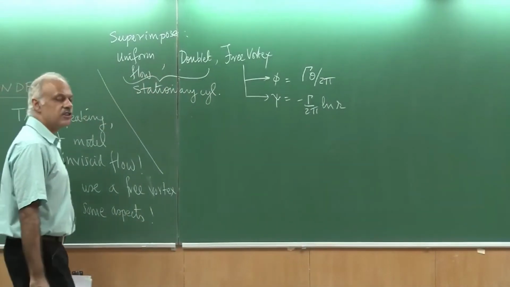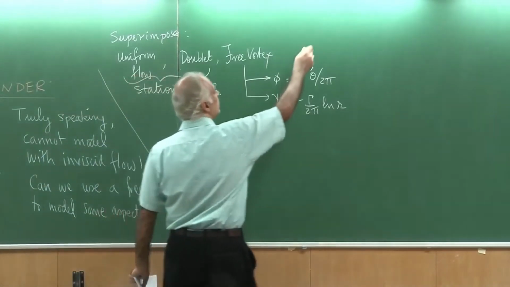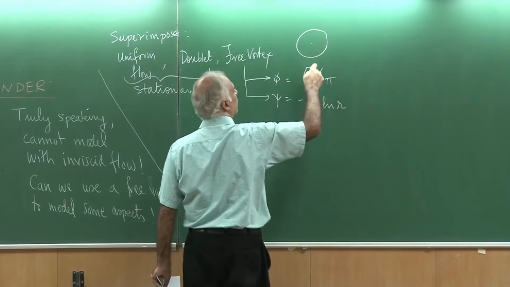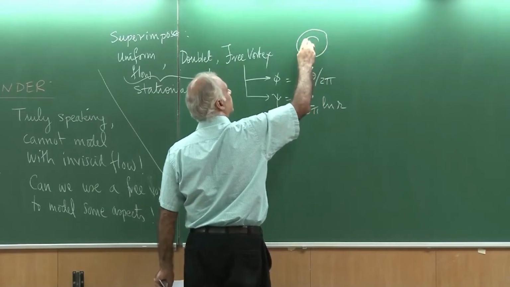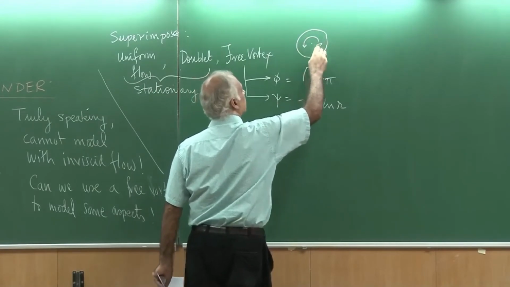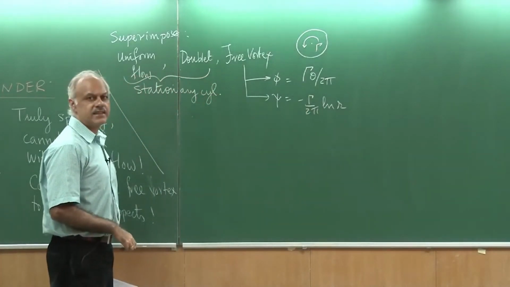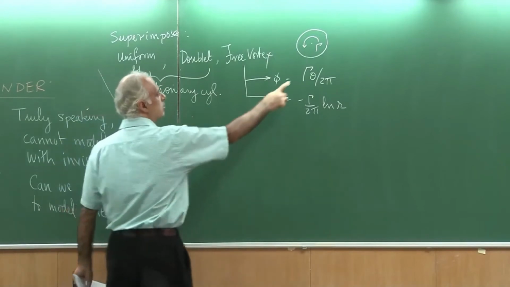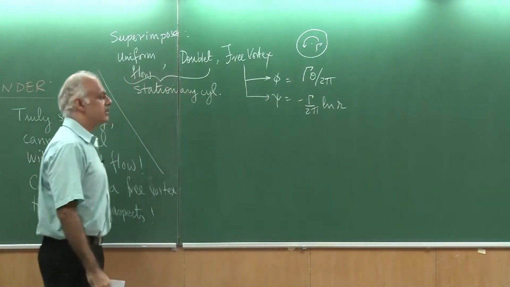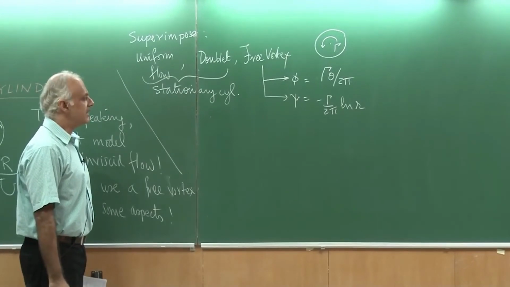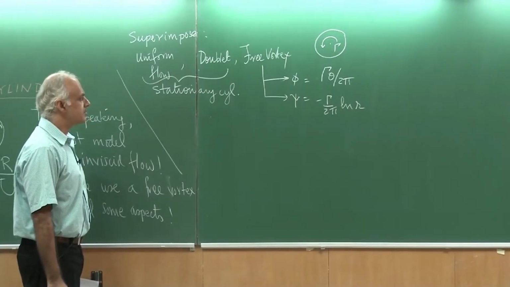And of course, the sense of gamma we already know. If this is my circular cylinder and I want to put a gamma, then this is a positive gamma. If I take a clockwise gamma, then I would have to put a negative sign here in both, so I would have to replace gamma with a negative gamma, and then the signs would be taken care of.